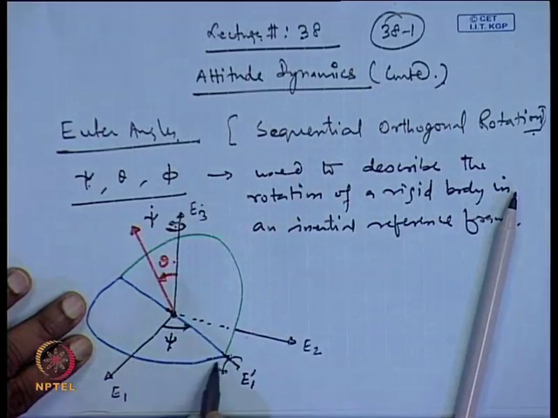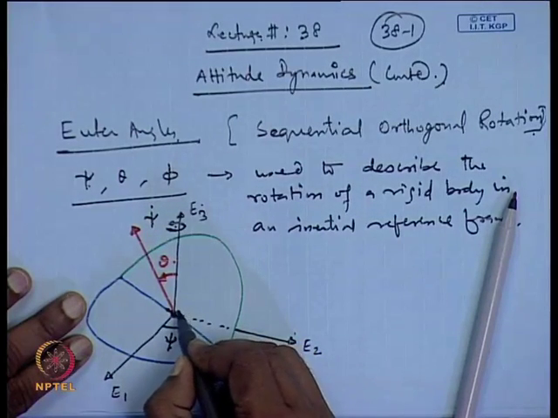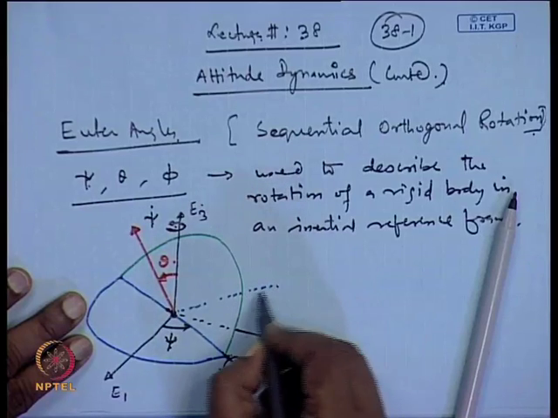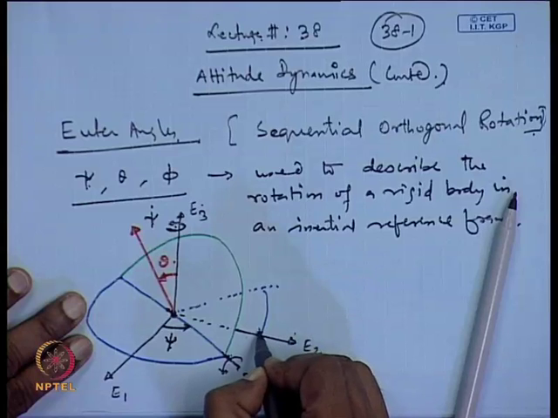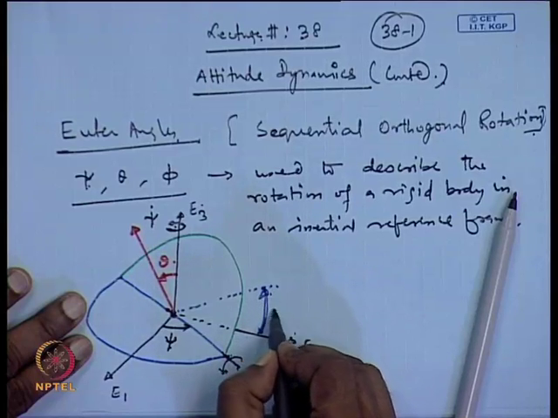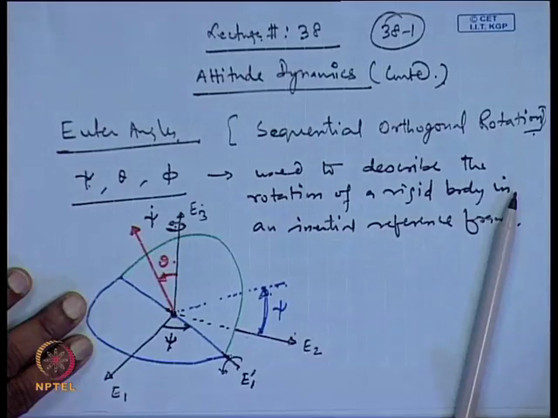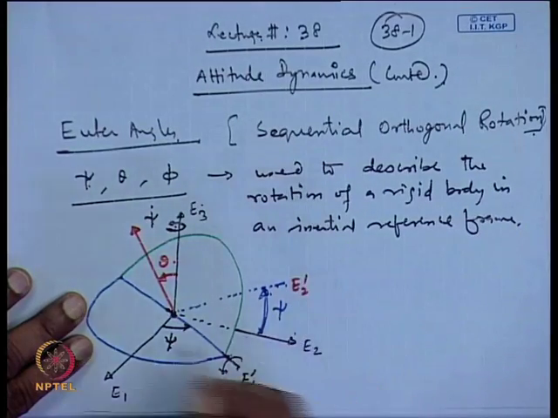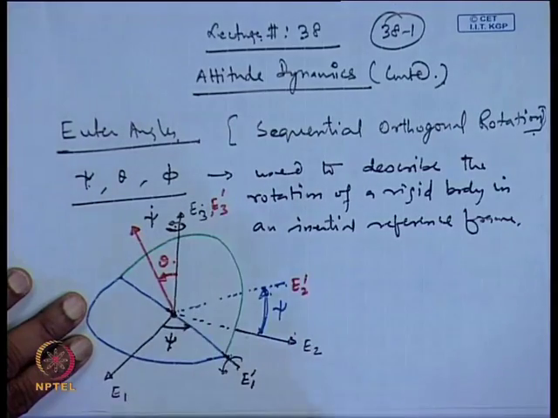Once we rotate from here to here, your E2 axis will also rotate by the same amount, and this angle from here to here is also psi. So this is your E2 prime, and we have the E3 prime here in this place itself.